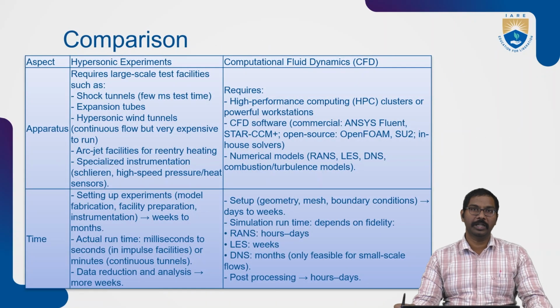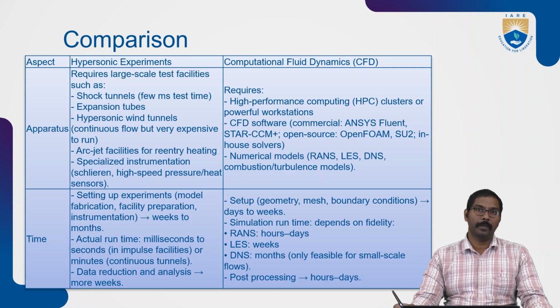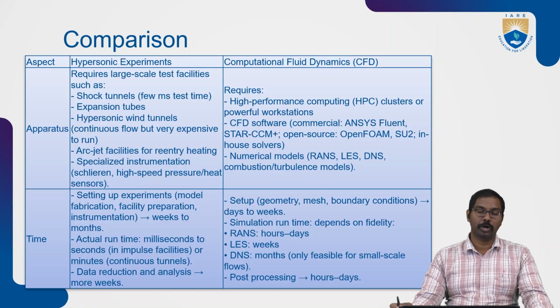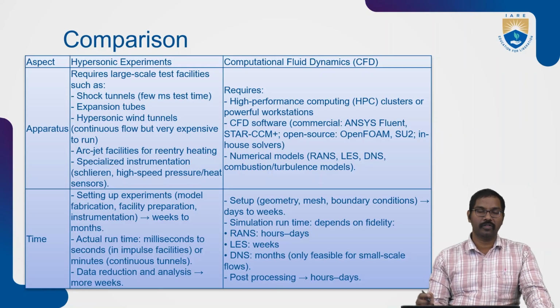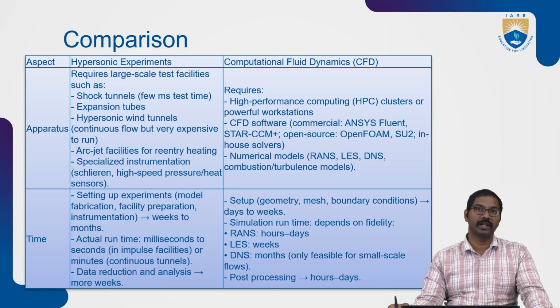So, comparison to the experimental apparatus. In terms of apparatus, the experiments require large scale testing facilities, as already we have discussed, and they require shock tunnels or expansion tubes. The apparatus changes from experiment to experiment, so we cannot solve all types of problems with a single apparatus.